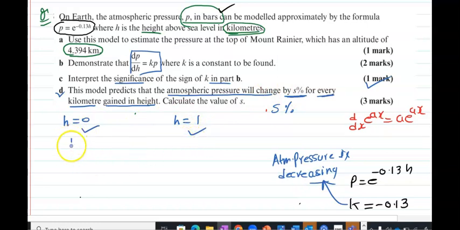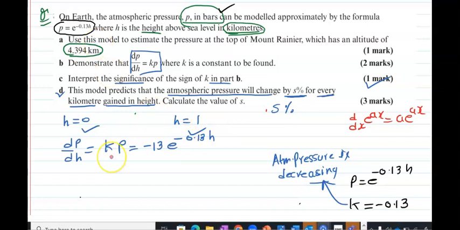So our dp over dh is kp. Okay, kp. And what is p? K is minus 13. Yeah, k is minus 13. And what is p? e to the power minus 0.13h.